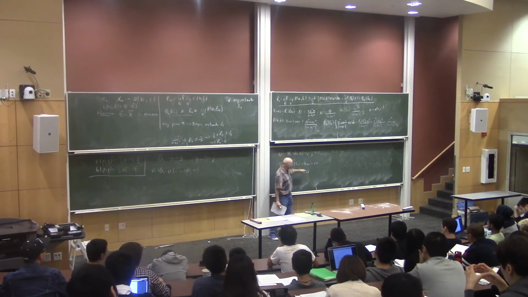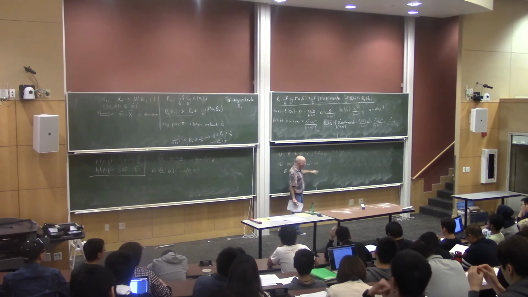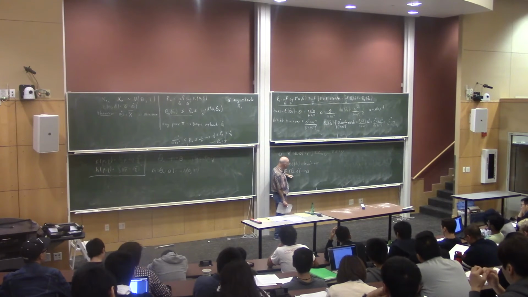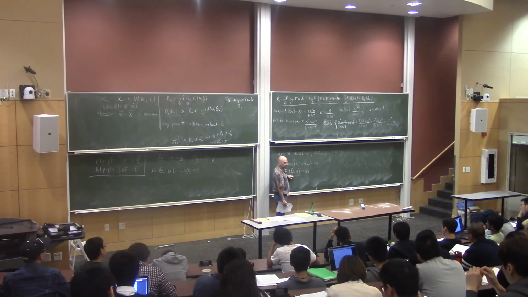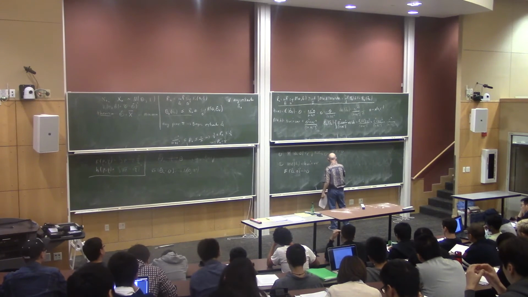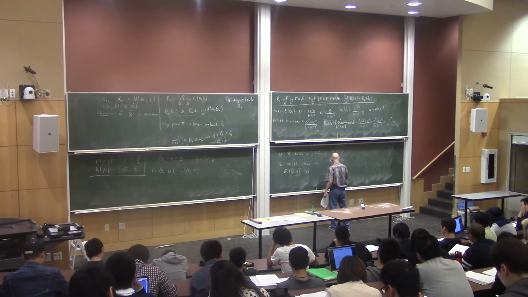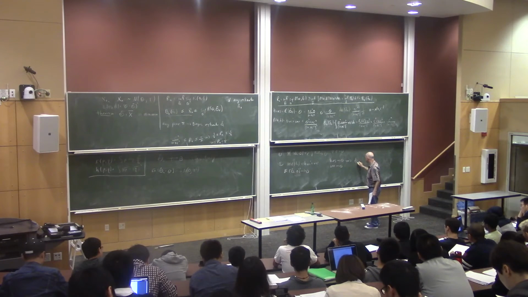And for that, it suffices to show the bias goes to 0 and the variance goes to 0, which means the mean squared error is going to 0. That says it's converging in quadratic mean to 0. And since quadratic mean convergence implies convergence in probability, that implies it's consistent. So to summarize, if you can show that the bias goes to 0 as n goes to infinity, and the variance goes to 0, that's another way to show that it's consistent.